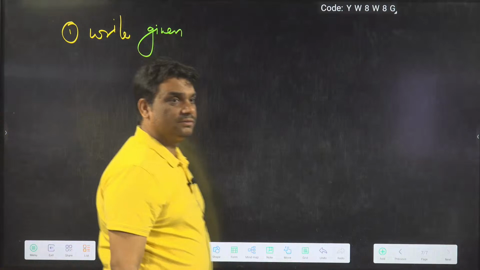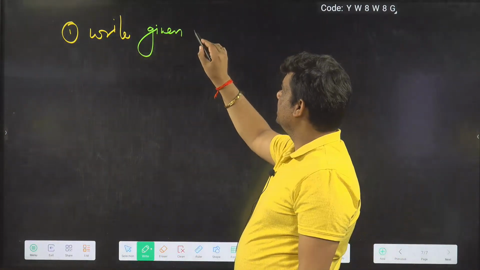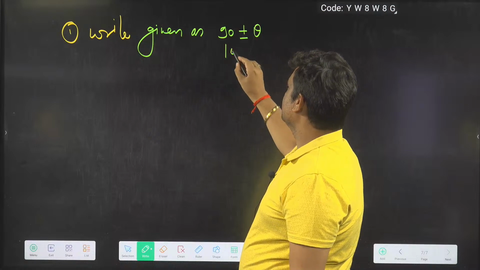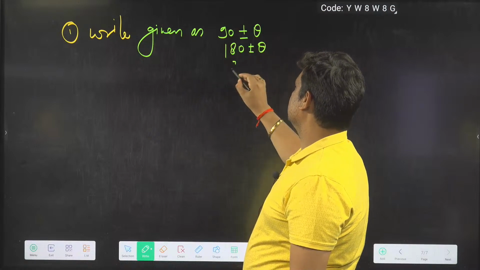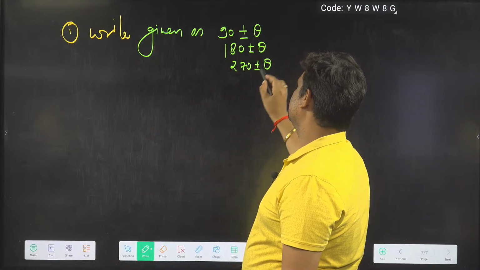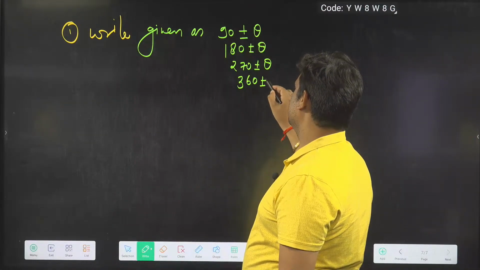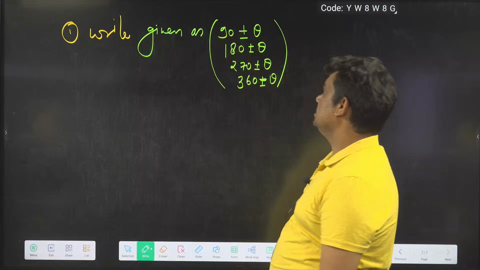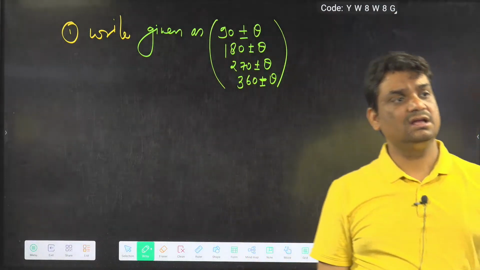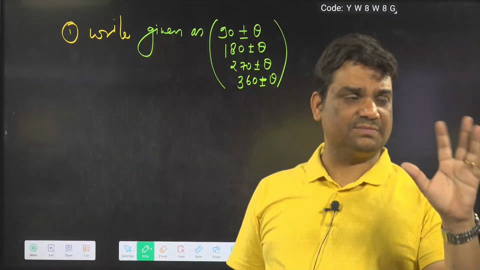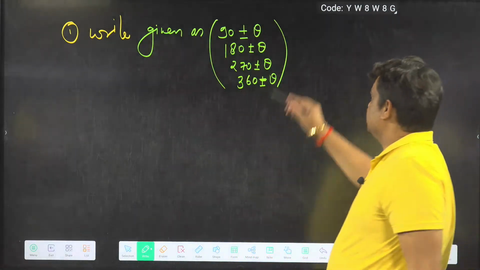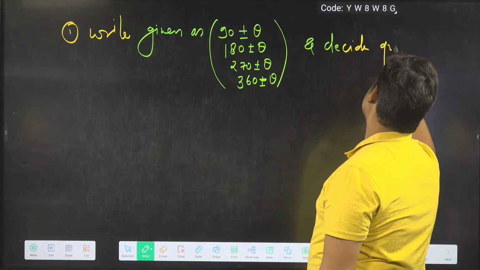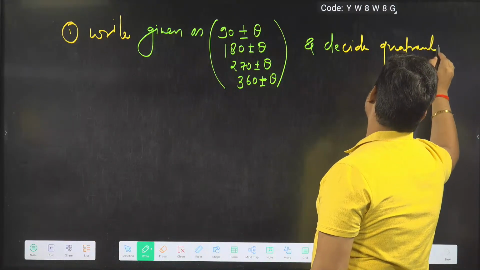Write the given angle as 90 plus minus theta, 180 plus minus theta, 270 plus minus theta, 360 plus minus theta, and decide the quadrant.